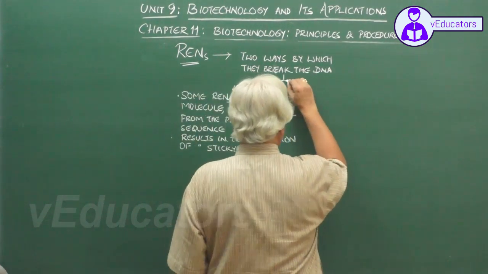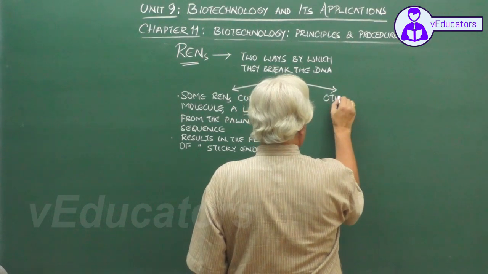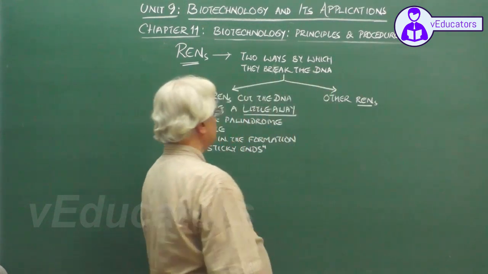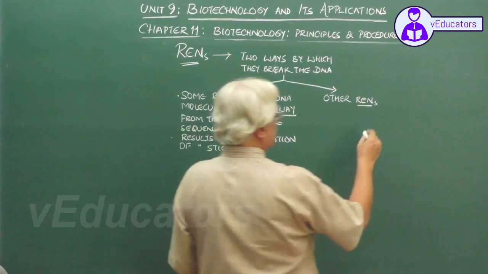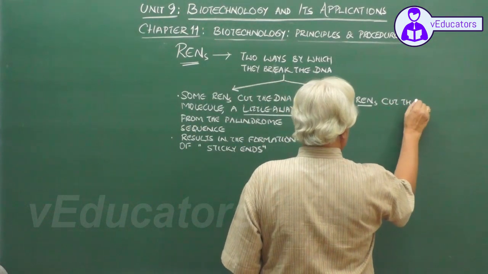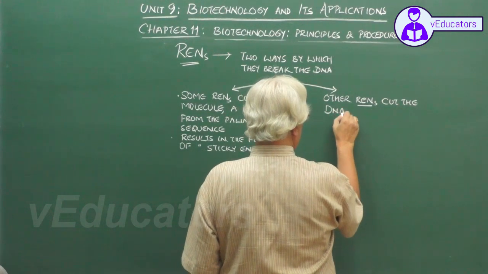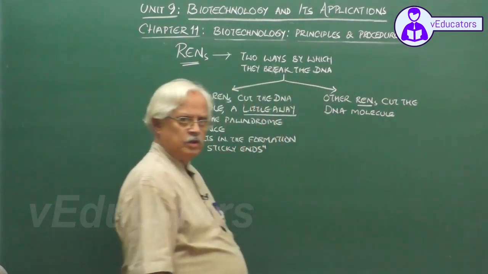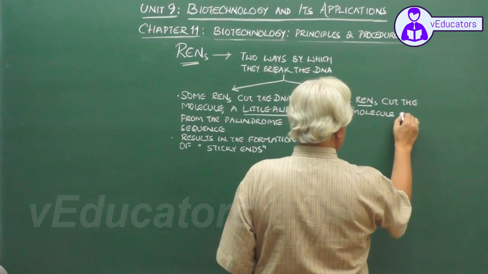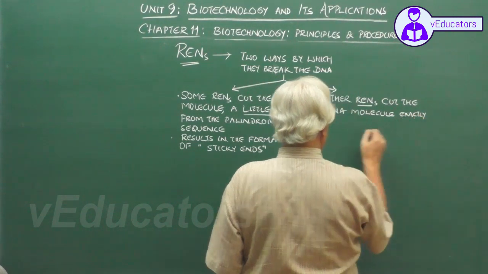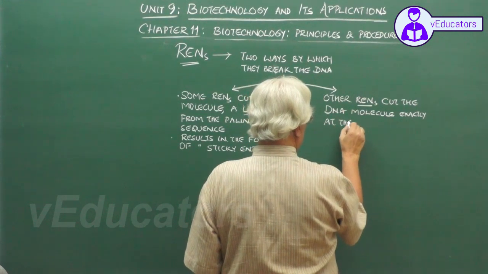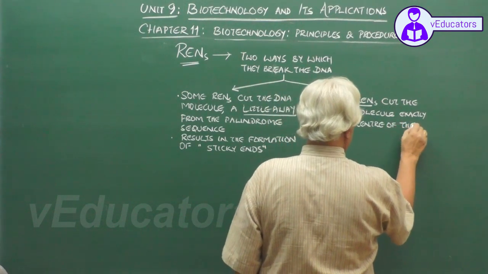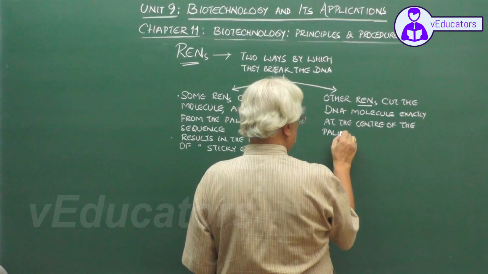Whereas there are restriction endonucleases that cut the DNA molecule exactly at the center of the palindrome sequence.